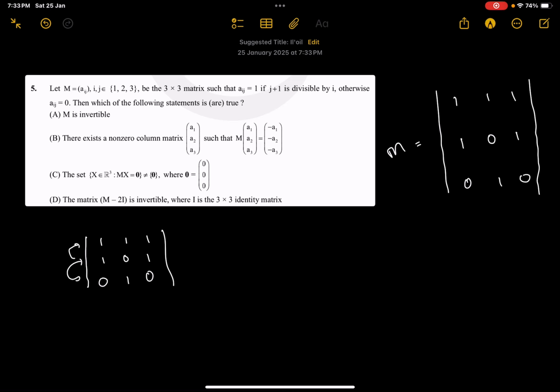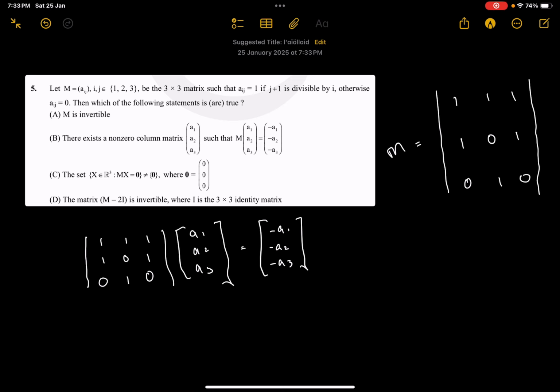For B option, this is A1, A2, A3. Let's try to find all the constraints we can on A1, A2 and A3. First we get, as this row times this column, this vector should be A3 minus A3.